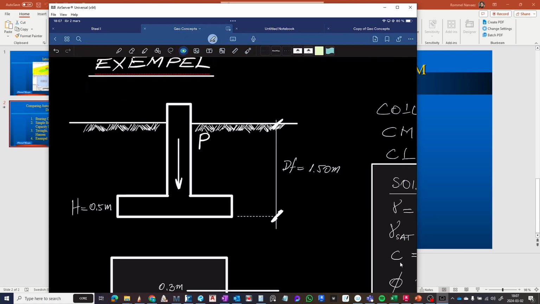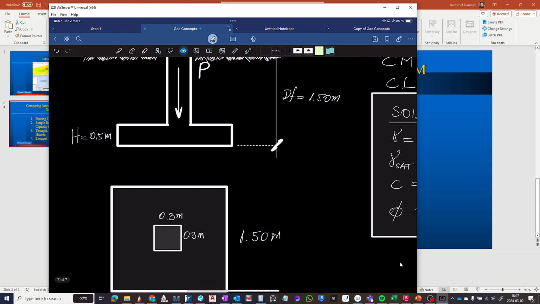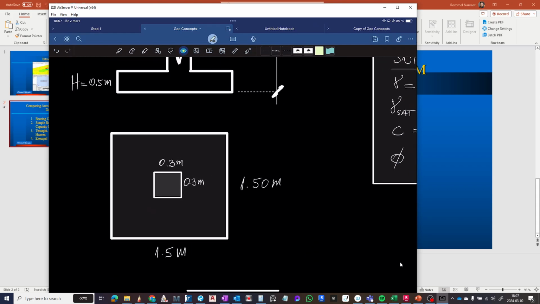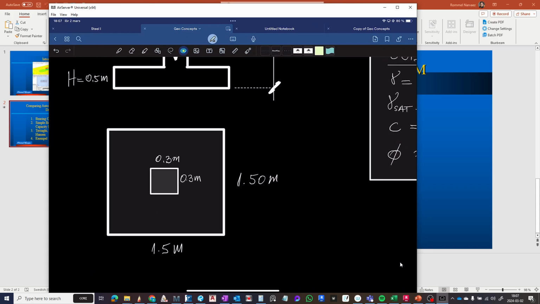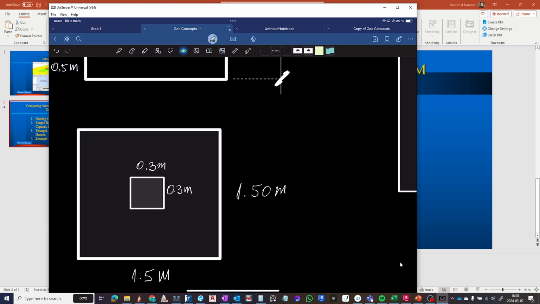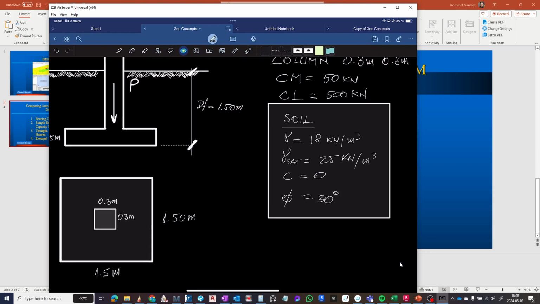We have a load that's coming from the self-weight and the live load. We have a thickness of about 0.5 meters, and a plan view of this footing, which is square, 1.50 meters by 1.5 meters, with a column which is 0.3 meters by 0.3 meters.